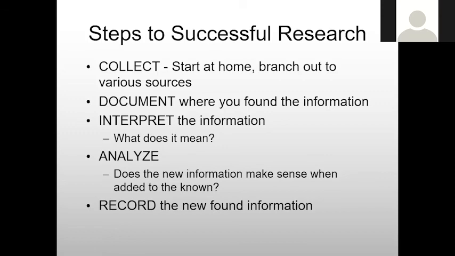So work backwards. We want to start at home, looking for the stuff that we have in our house that we can collect that will give us genealogy information. Hopefully, you know where your birth certificate is, where any marriage license you might have, and hopefully maybe you have this information as well for your parents or your grandparents.